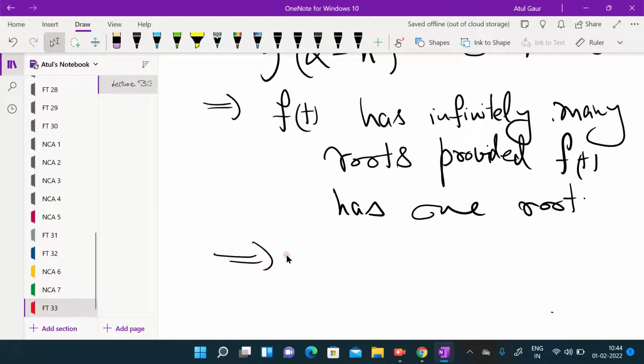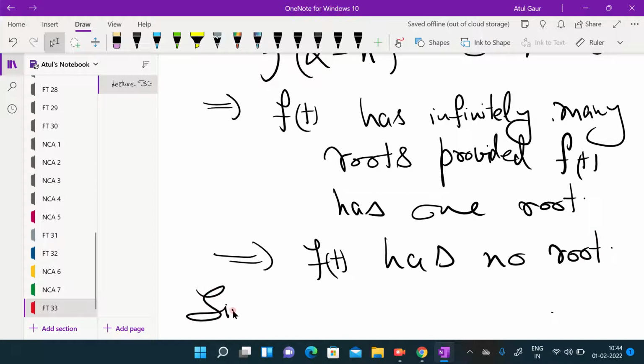So that means the point is ft does not have any root, no root. And similarly gt. So ft has no root means what? ft will not be 0 for any t.